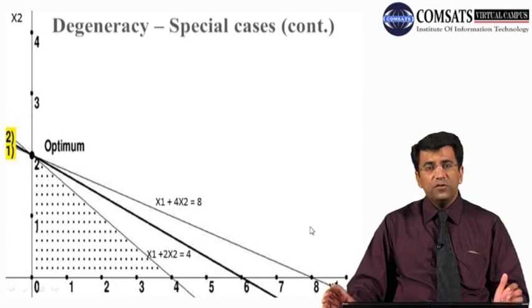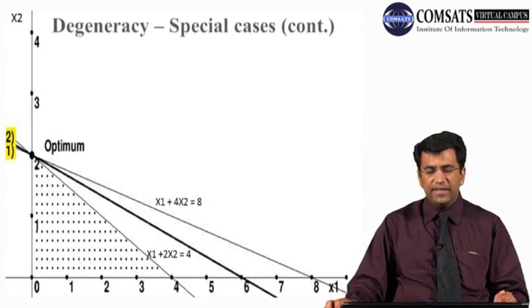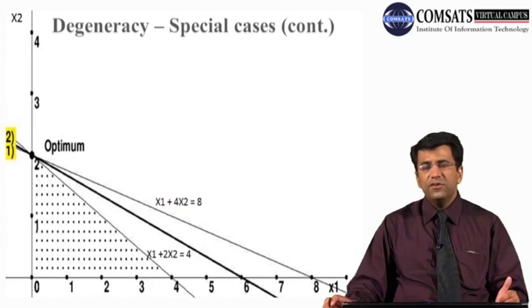Now if you recall your graphical method of solving linear programming problems, what we do is convert those inequalities into equalities, and then we draw those equations on the graph, and then we try to find out the feasible solution. That is the solution which is feasible and which is fulfilling all of the different constraints.